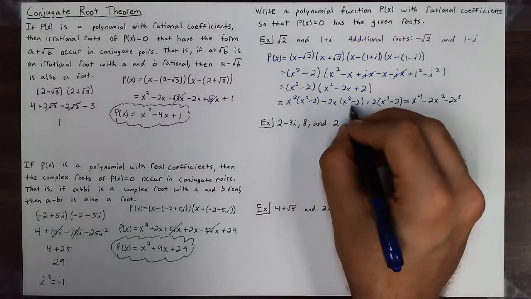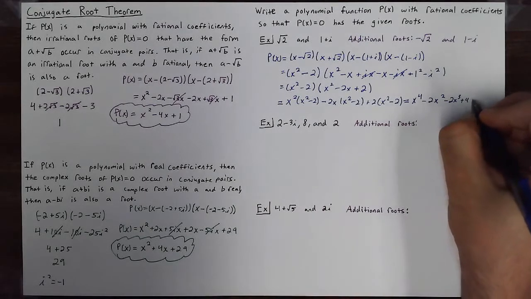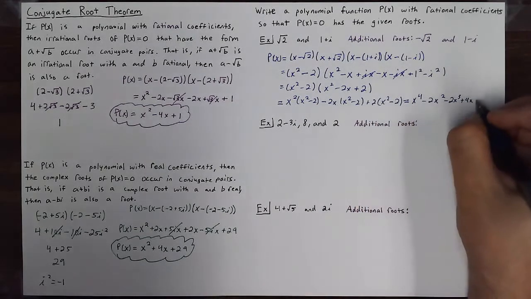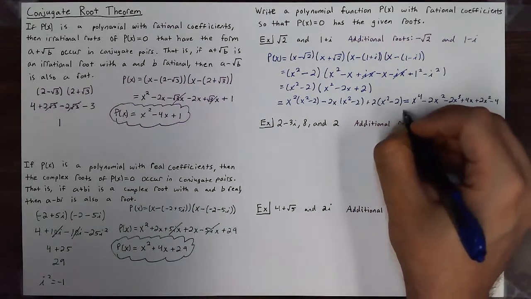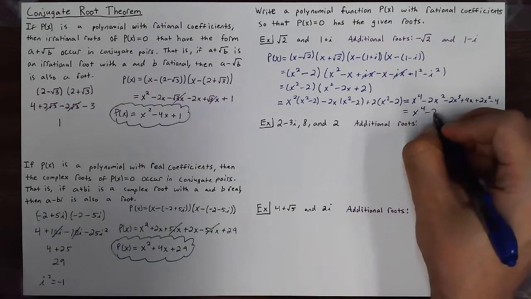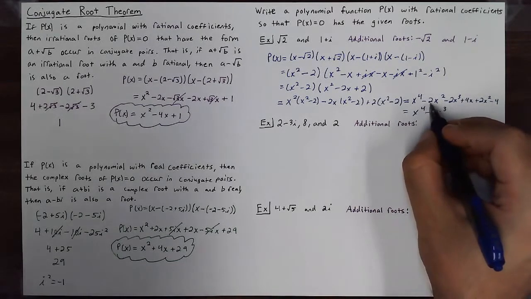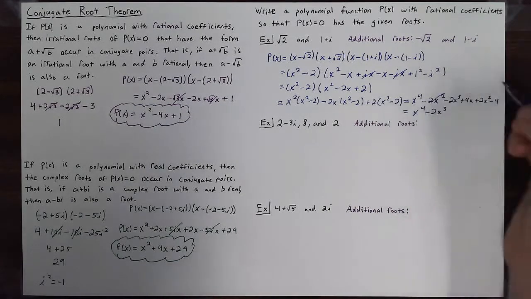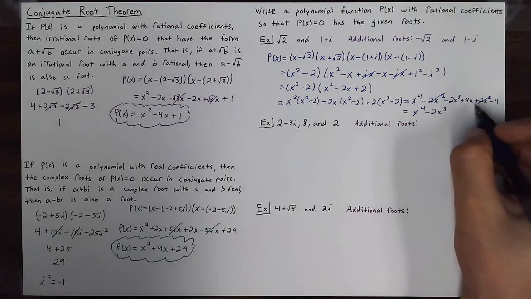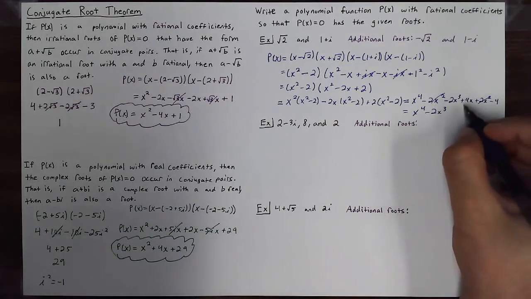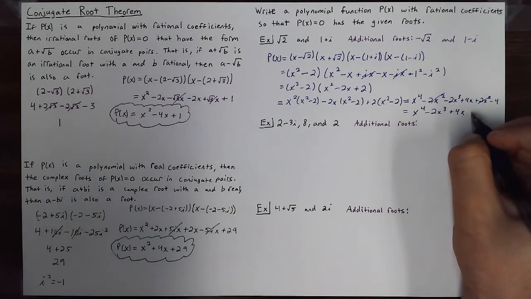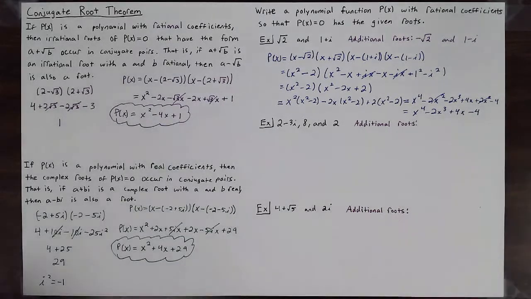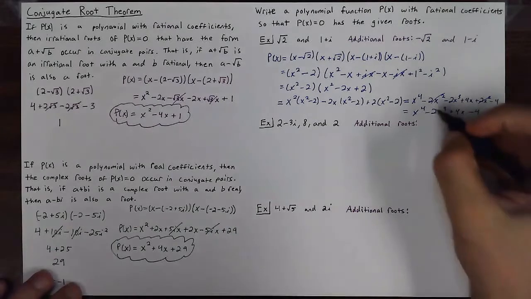Negative 2x times negative 2 is plus 4x. 2 times x squared is plus 2x squared. And 2 times negative 2 is negative 4, giving me x to the 4th minus 2x to the 3rd. And then negative 2x squared plus 2x squared cancels. And then I end up with plus 4x minus 4 as my polynomial.